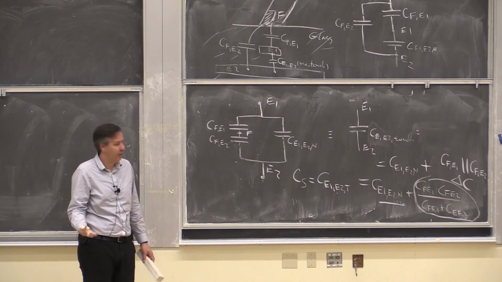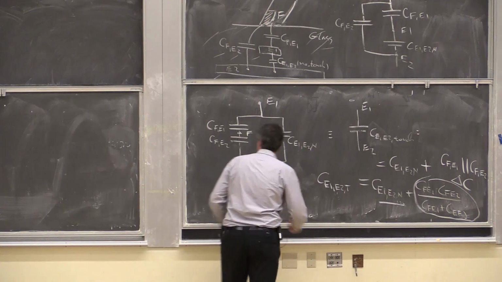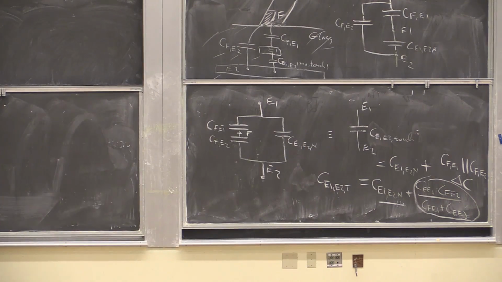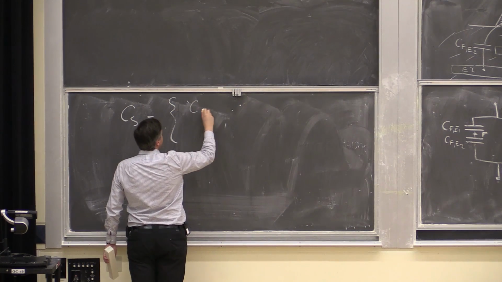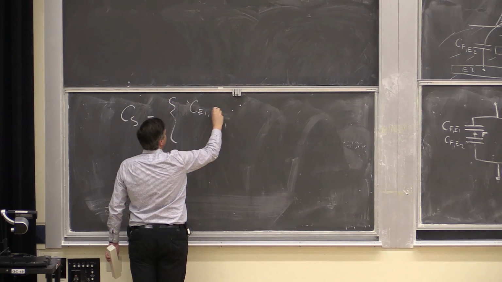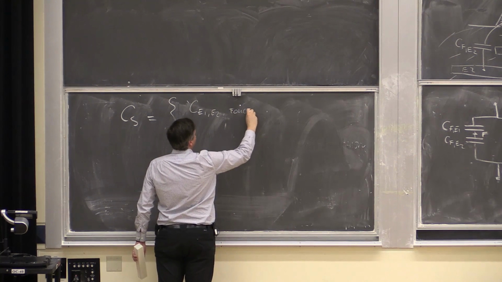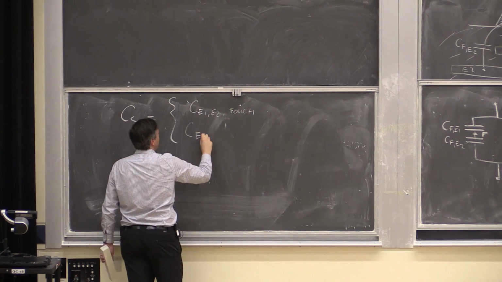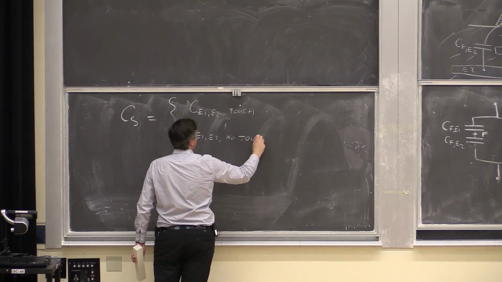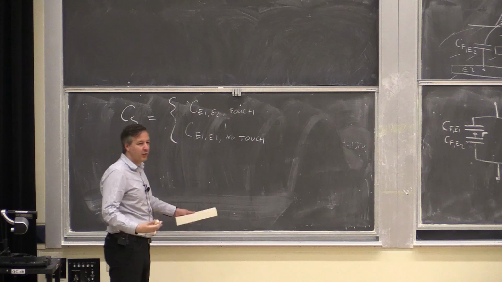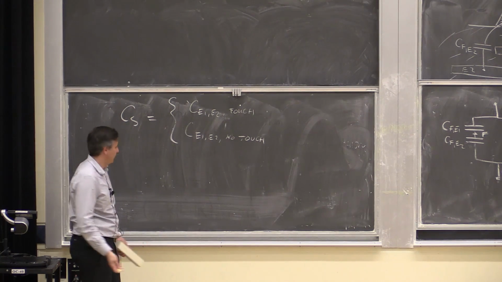The sensor capacitance, CS, will have two possible values: C E1 E2 touch, and C E1 E2 no touch. We don't know which one we're going to measure, but this will be a variable sensor capacitor.